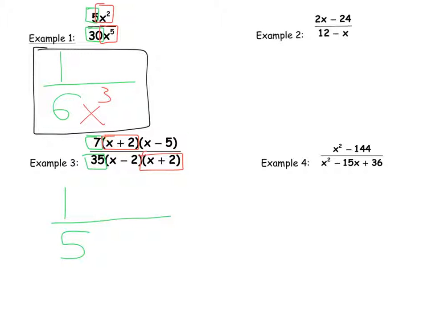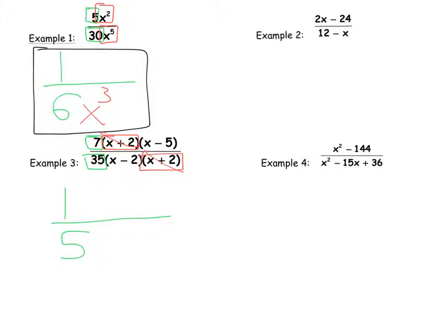You can't divide these and get -1 or 1 or anything weird like that. If it's in parentheses, you can only get rid of it with something that's exactly the same. Now, there's going to be one exception to this coming up in example 2, which we'll get to. But for now, x plus 2 divided by itself, those two things are going to cancel out. So let's just cross those out.